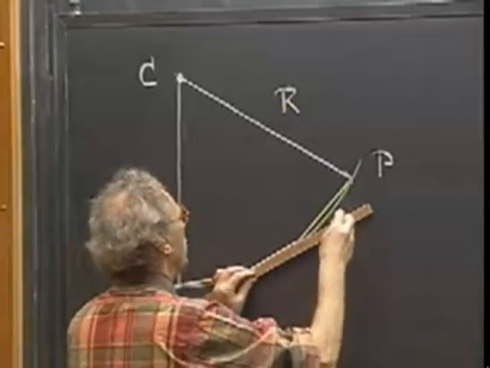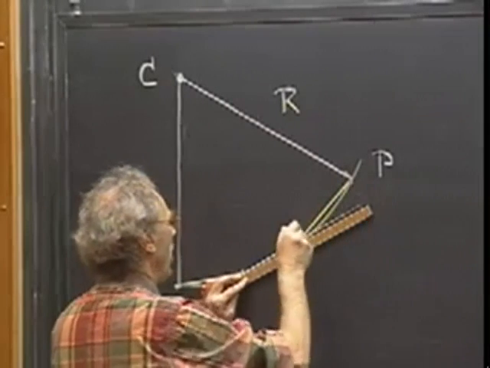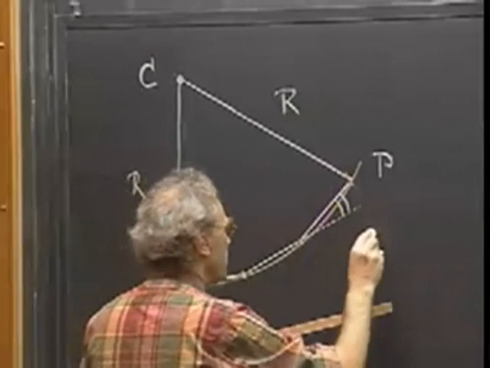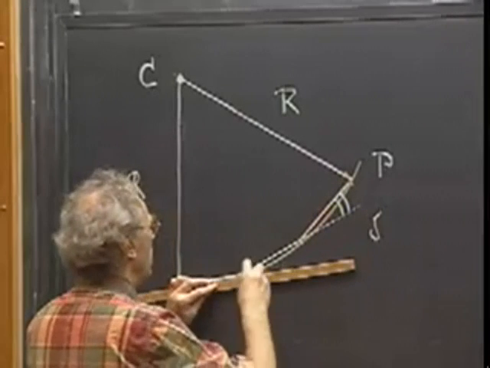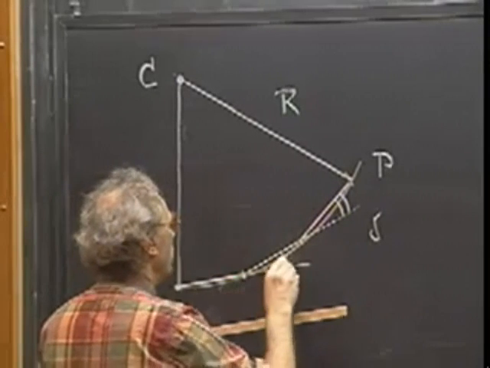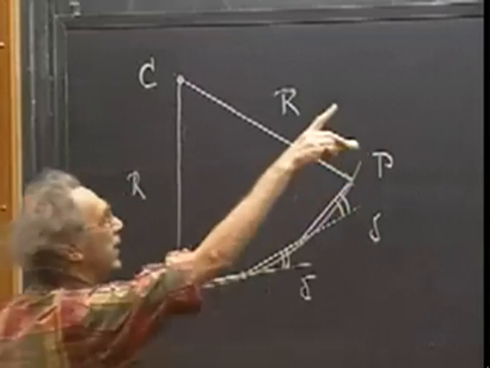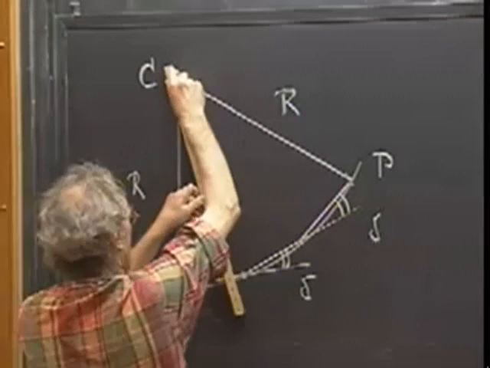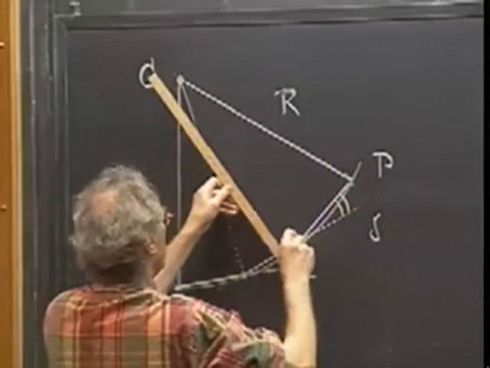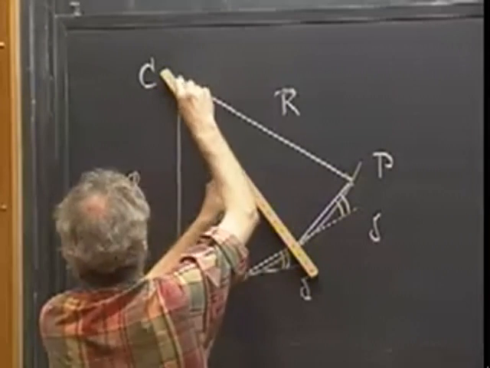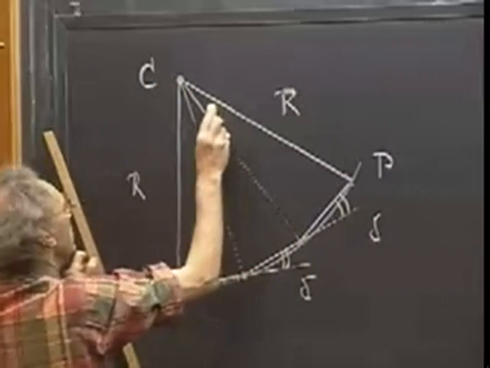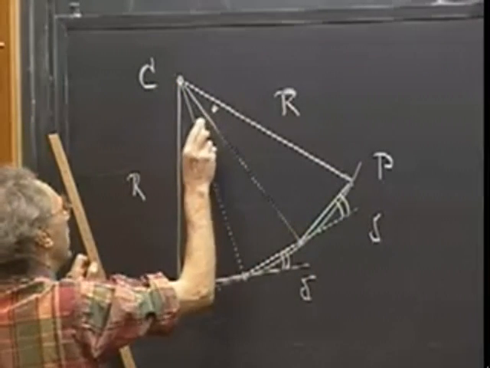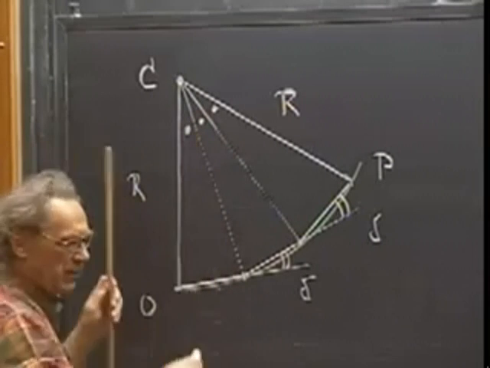And so the angle between the second and the third one, this angle here is delta. And this angle here is also delta. That's the delta between the neighboring sources, which we just derived. It follows from the geometry of a circle that this angle here is delta, this angle here is delta, and this angle here is also delta.